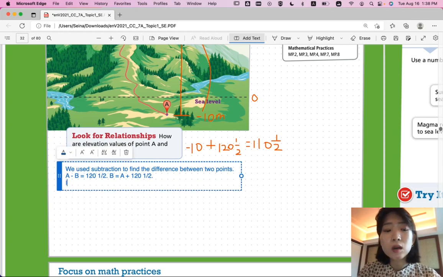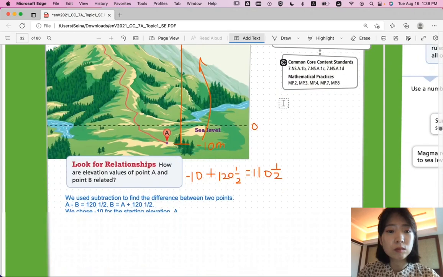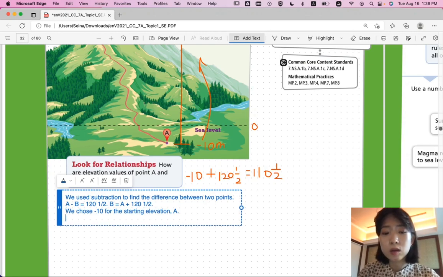So we chose -10 for the starting elevation A. Okay, and so B is equal to A, which is -10 plus 120 and half, and that results in 110 and half.